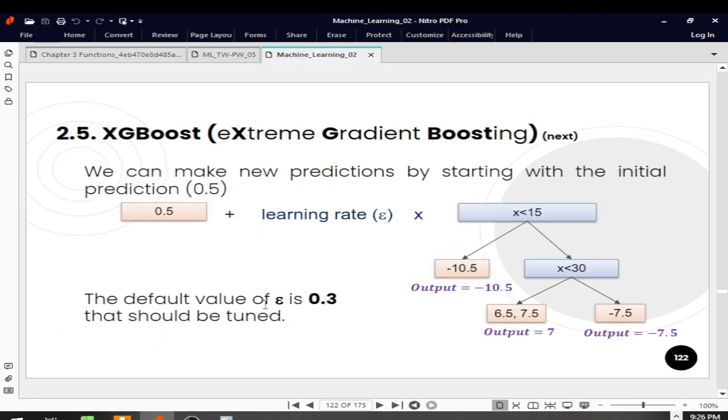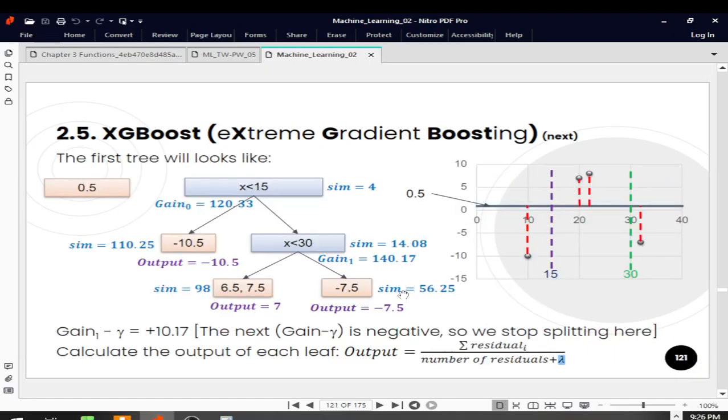Now let's move to making predictions. Now here we build our first tree. To understand what we've done, we got the original data, we did the dummy or default prediction, we got the residuals, then we tried to split the residuals into branches, two leaves, so we get the best gain, of course.